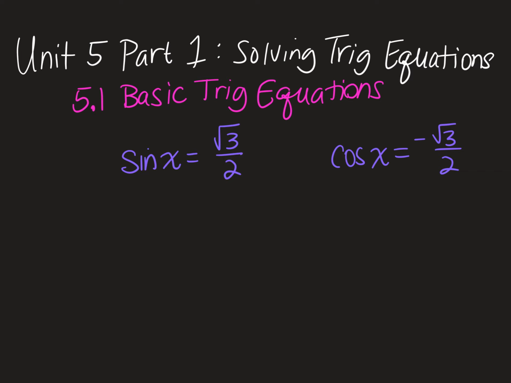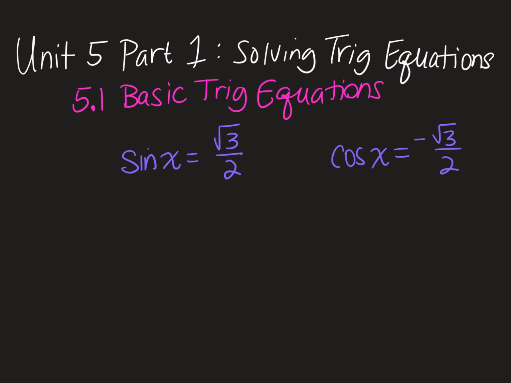So these we sort of discussed a little bit in the last unit, kind of intermixed within some of the other things that we were doing. But the idea with these is we are trying to find the angle that would give us a sine of radical 3 over 2, or the angle that would give us a cosine of negative radical 3 over 2.